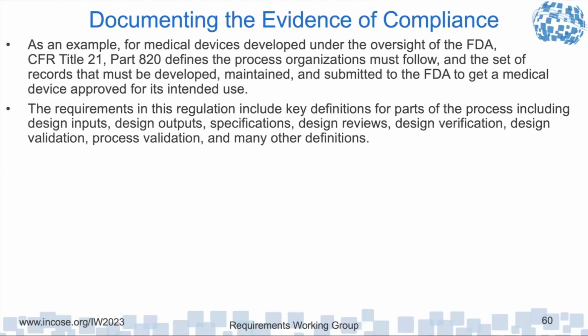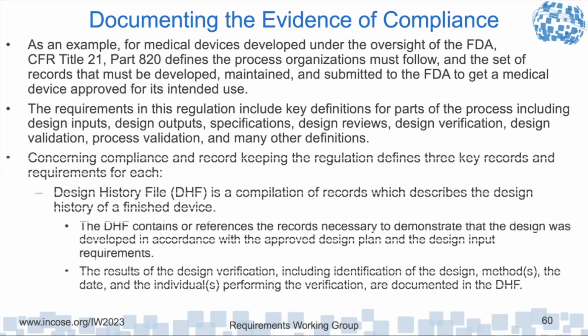And the requirements in this regulation include the key definitions, process including design inputs, design outputs, specification, design reviews, design verification, design validation, process validation, and other definitions. And a lot of this information was referred to in the needs and requirements manual and the other products because it really applies to all systems that we're developing. To me, it's very logical how they put this all together.